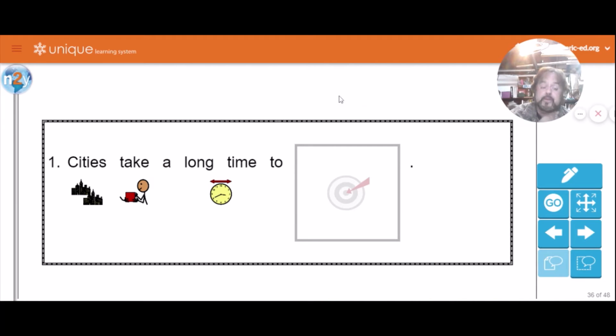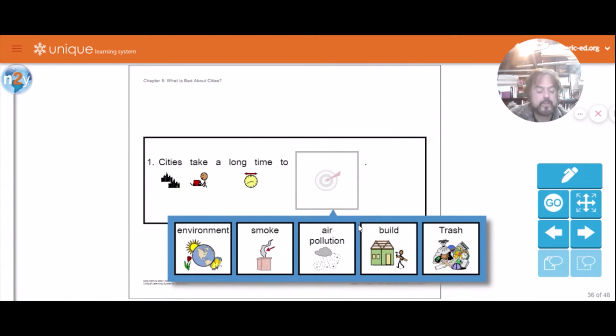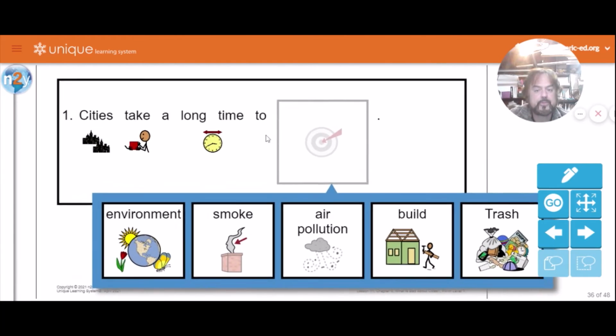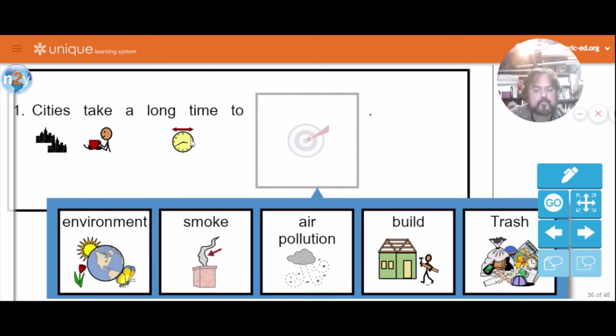Okay, now comes the part of the activity again where we see what we remembered about what we read. Let's see if we remember one way that building a city hurts the environment. Number one, cities take a long time to what? Cities take a long time to environment. Cities take a long time to smoke.